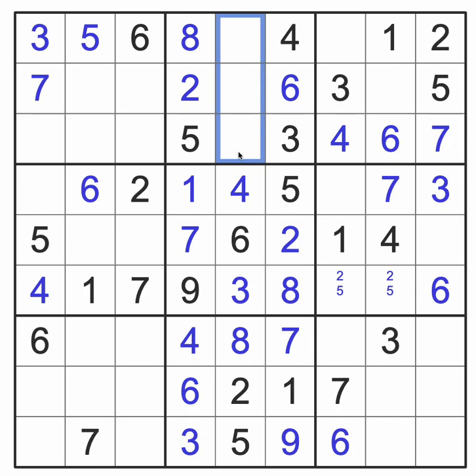And these will be 1, 7, 9. But 7 is on row 2 and row 3, so these cannot be 7. Gives me 7 here. That means this becomes 9 because that's the last number of this row, which gives me 8.